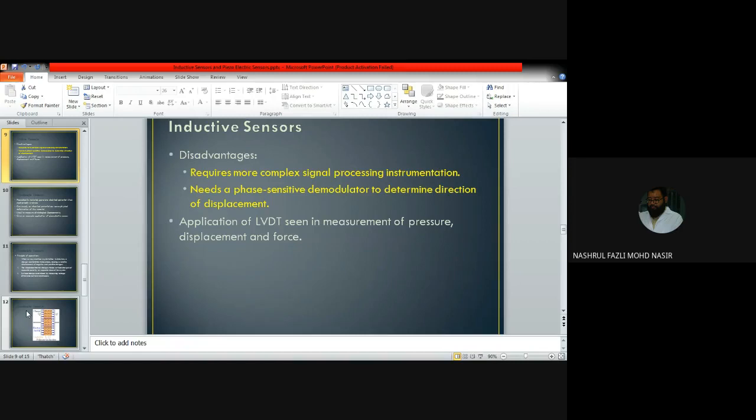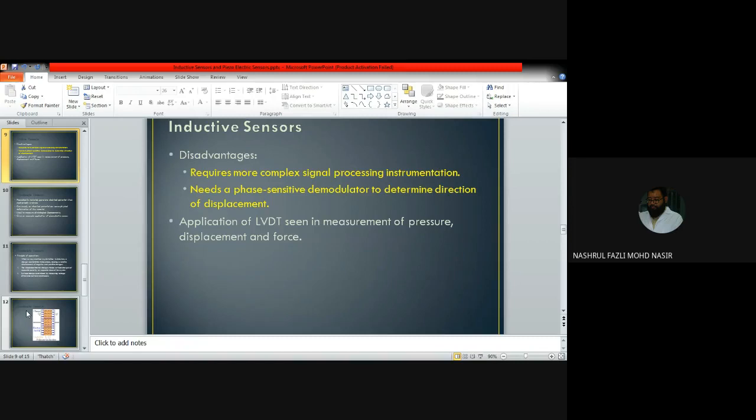But the problem is that you have a more complex signal processing procedure to use, and you need additional components to assist in terms of measurement.